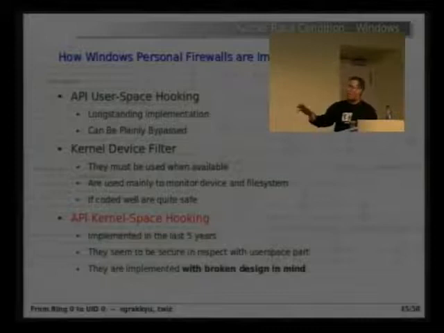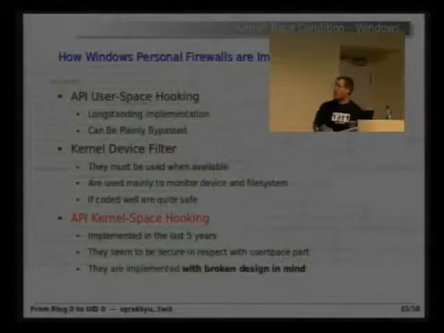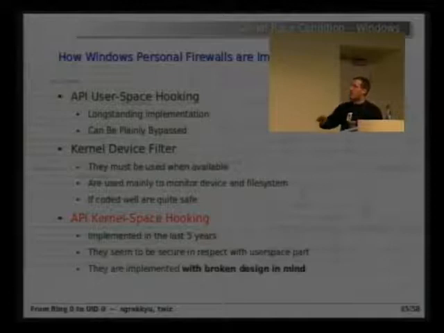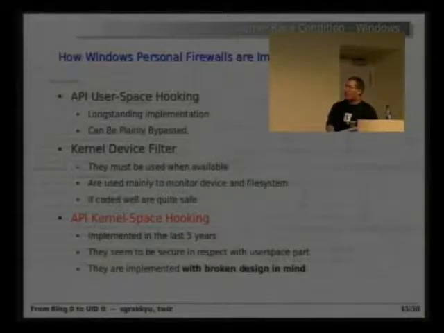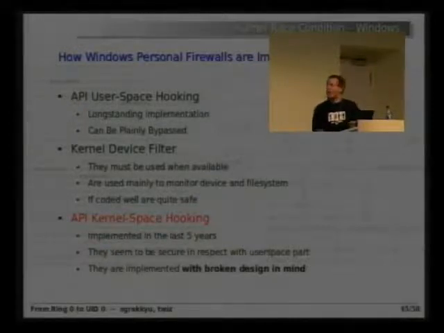There is some work on this topic for some Unix frameworks, IDS and OpenBSD, and I want to analyze this because in Windows there is no such in-depth research, and it seems that those products will continue to use kernel space API hooking, at least on Windows XP, for a long time.